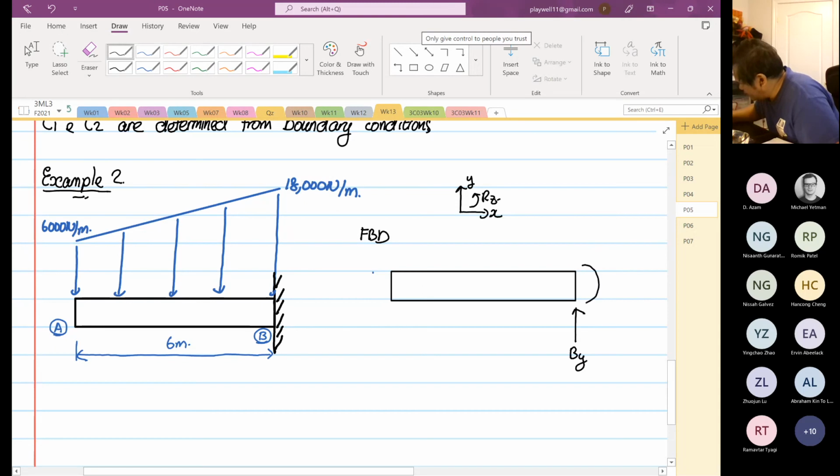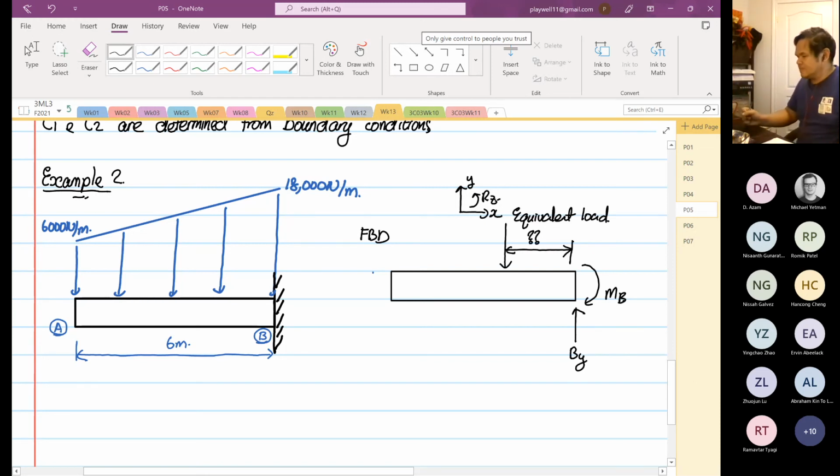We know that we have a counter moment MB, right? Now, we are aware there is an equivalent load. Okay? But can anyone tell me what is this distance? Anyone? I will tell you this. This is not equal to L over 3.